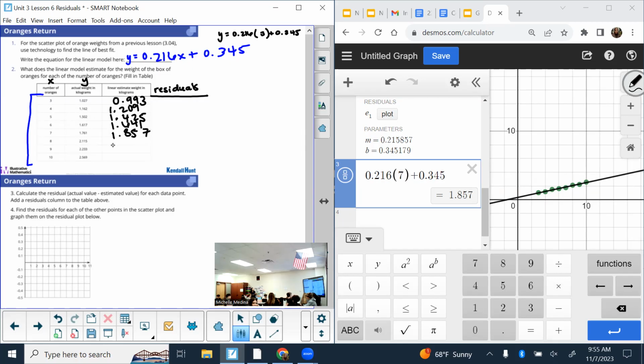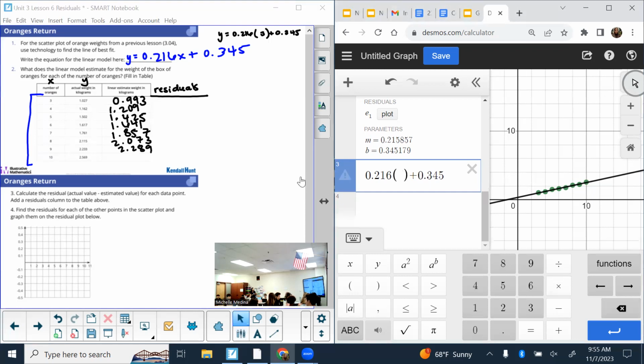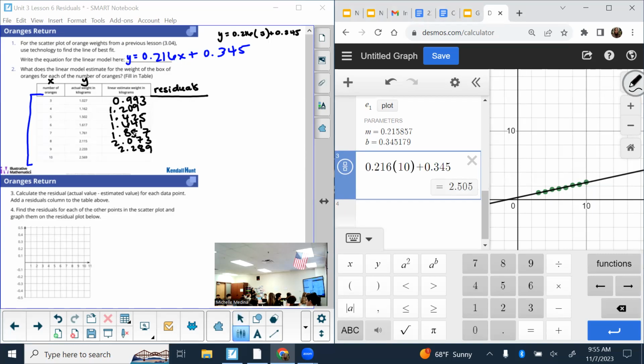Table 2, when it's 8, what's my estimated? Okay, good, 2.073. Table 3, what about when it's 9 oranges? And table 4, when it's 10 oranges. 2.5. All right, so any questions on that process?